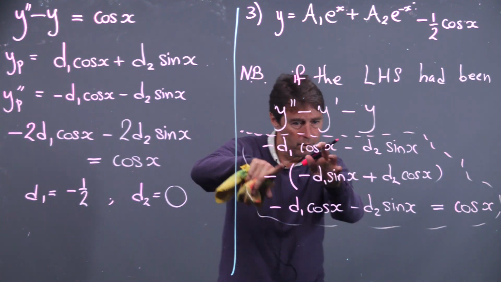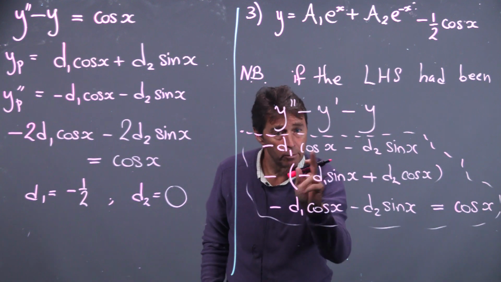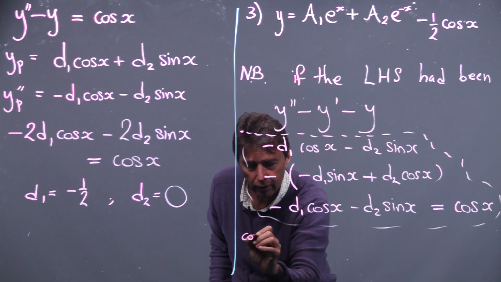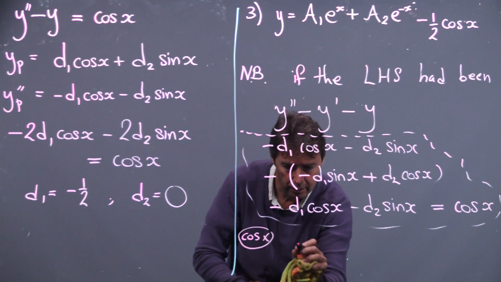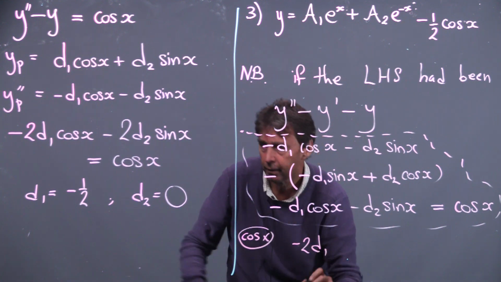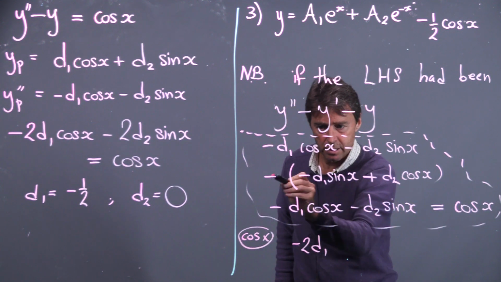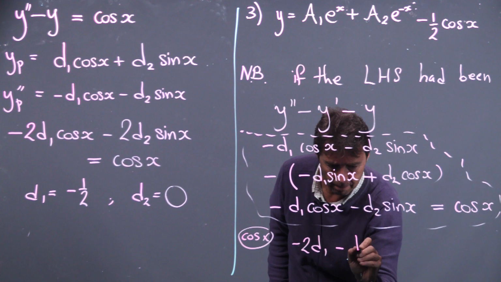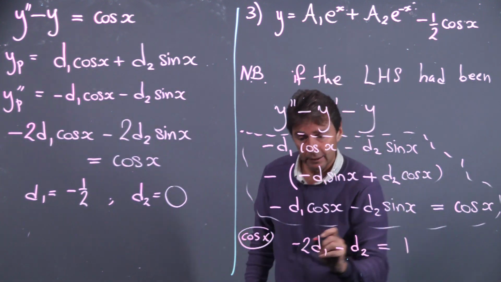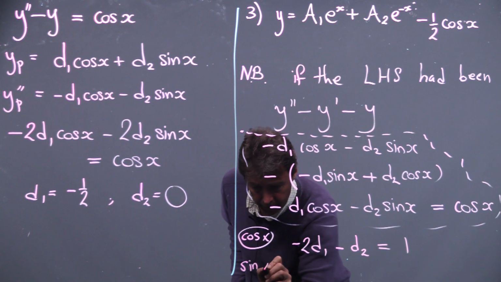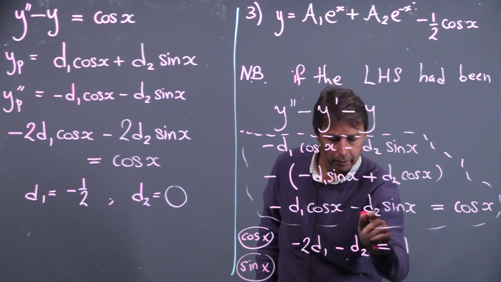And if I now pick off the coefficients so that I get the correct right-hand side, I've got to match up the cosines. So let's look at the cosines. I get minus d1, so there's a minus 2d1. That's the same thing as what we had over there. But there's another cosine here, which is minus d2. So that has to be equal to 1. Now if I look at the sines, there's a minus d2, there's another minus d2.